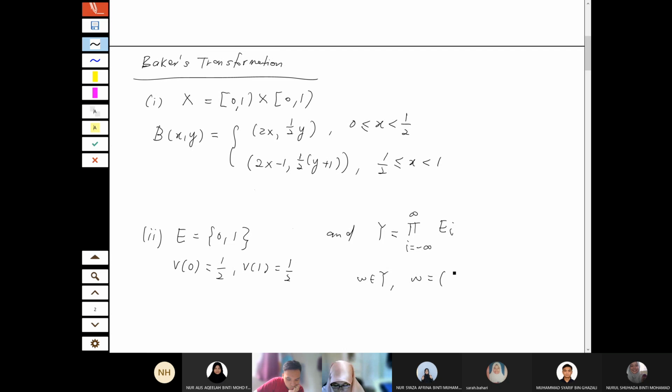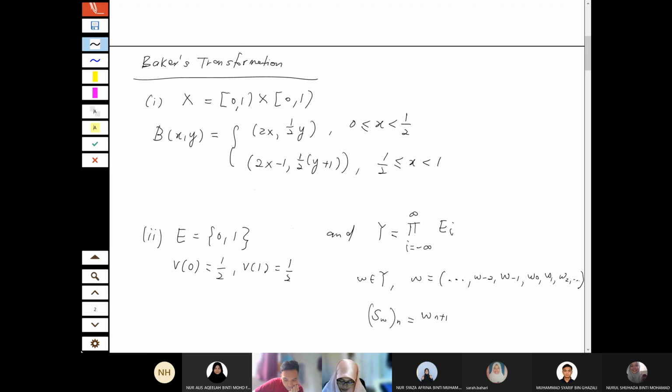So this is the double-sided sequence: ..., omega minus 2, omega minus 1, omega 0, omega 1, omega 2, and so on. The Bernoulli shift is given by S of omega at n is equal to omega at n plus 1.